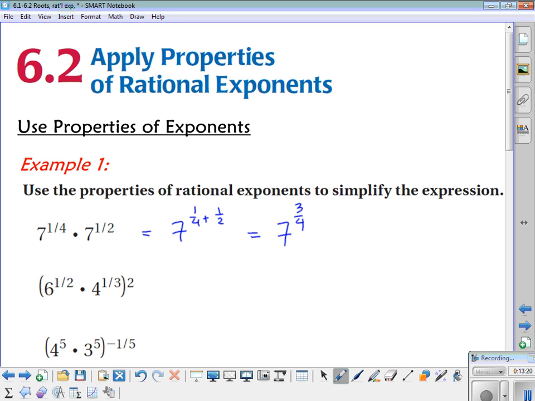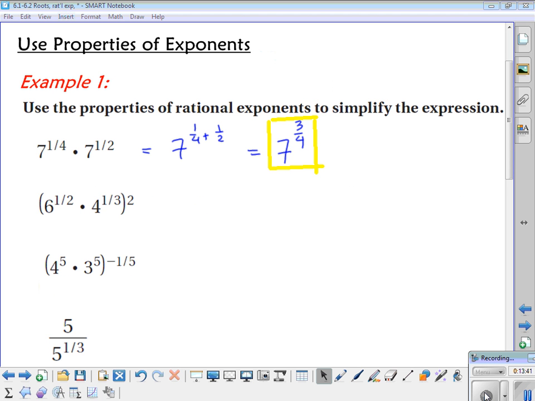So your answer would be 7 to the 3/4. So we use the same properties just like we did when we had whole numbers, or integers, rather. You just add them when you're multiplying.